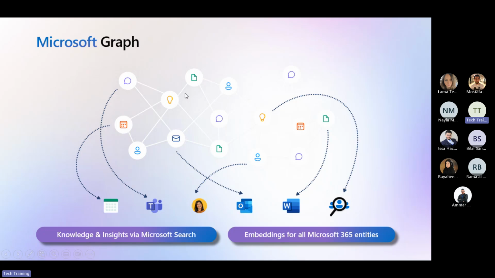Let's say you have an appointment, you have sent an email, you have created a file, you have chatted with someone, you have an Excel file. All these are connected together. This connection is created automatically by the semantic index, and it can connect the dots between all your files. Whenever you ask any question related to any of these, since they are connected, it will logically give you the related answer.